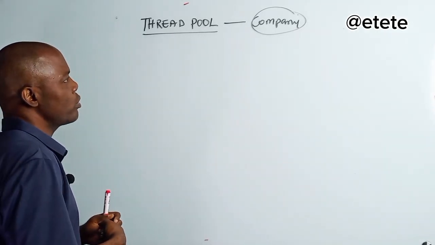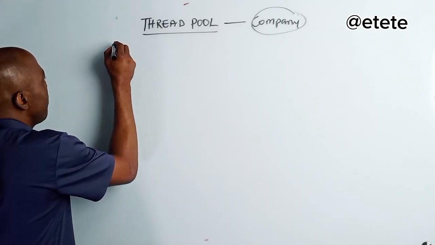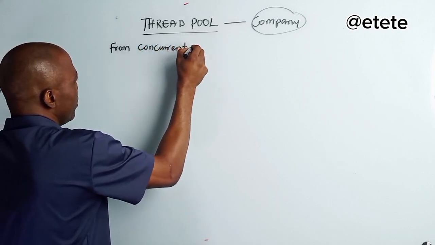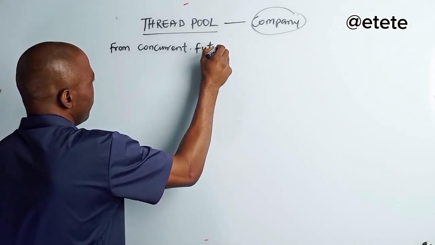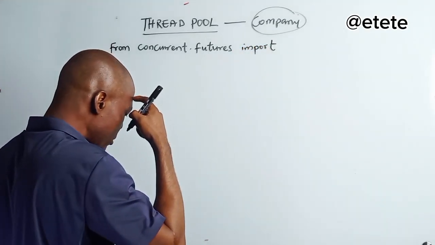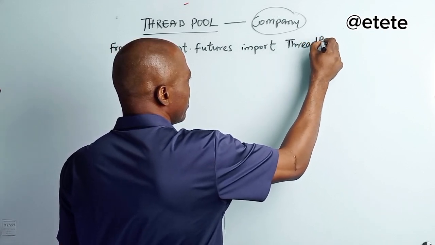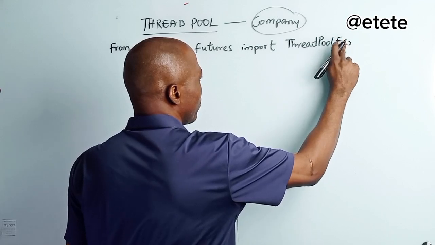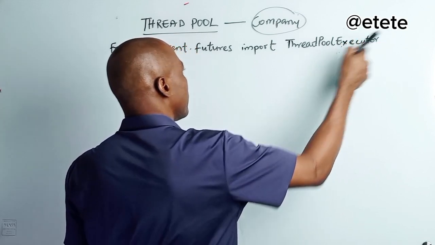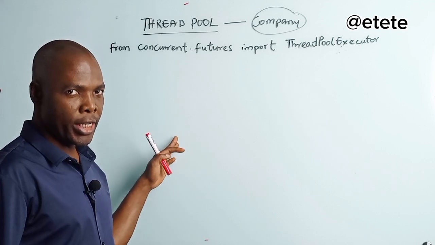All right, so the first thing I'm going to do is import from concurrent.futures, import ThreadPoolExecutor. This ThreadPoolExecutor is a class in concurrent.futures that we are going to use to create our thread pool.